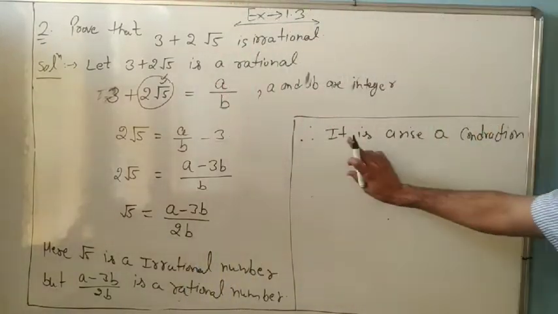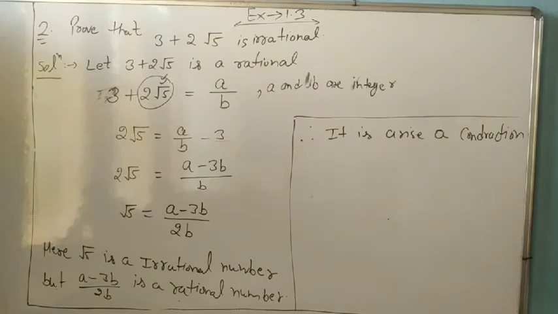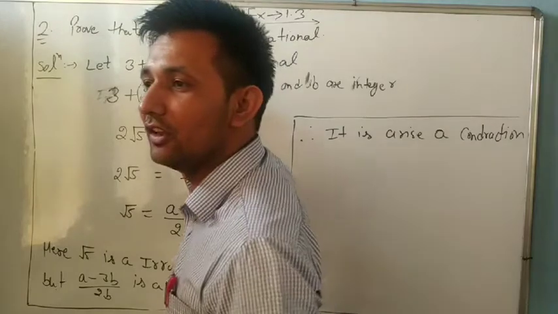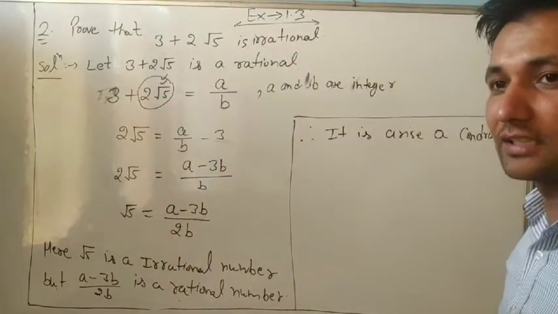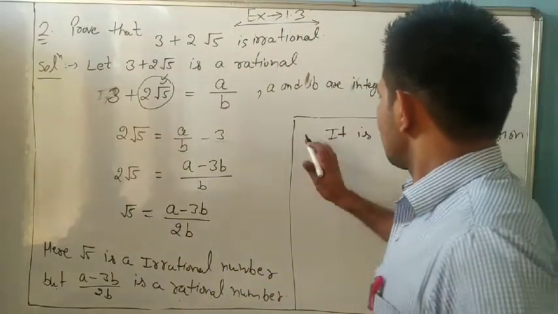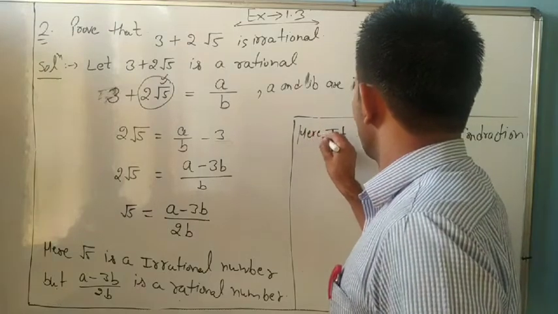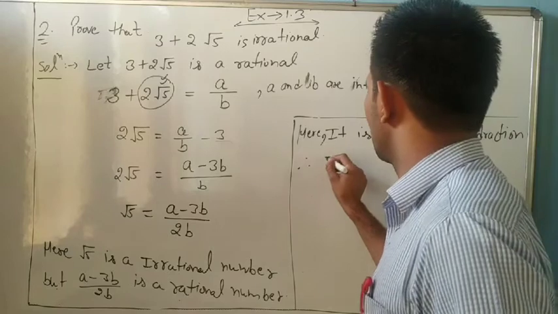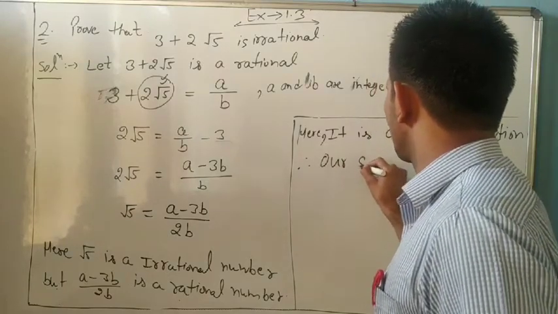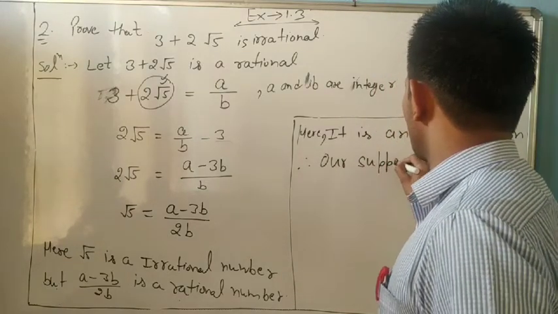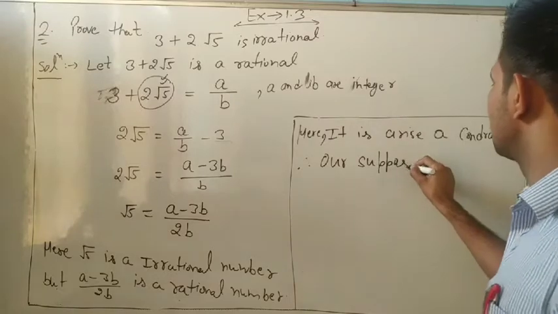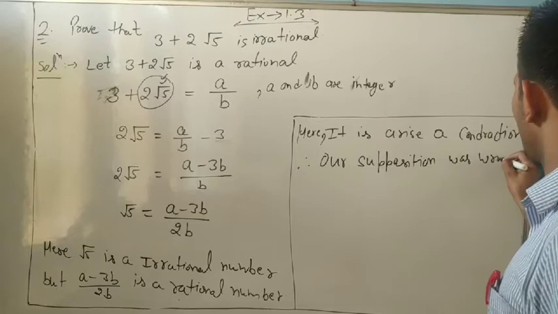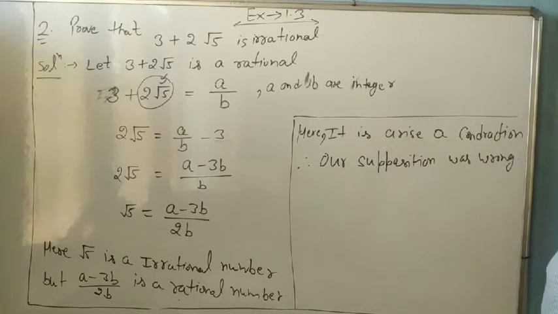So therefore a contradiction arises, and if a contradiction arises, it means our position is wrong. Understand or not? Here a contradiction arises. Therefore our consideration, our assumption, you can write position, our position was wrong.